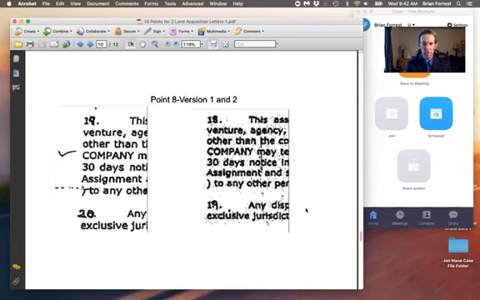As you can see here, I enlarged it. So there's a handwritten 9 and a handwritten 2.0 in version 1. In version 2, handwritten 8, and handwritten 9.